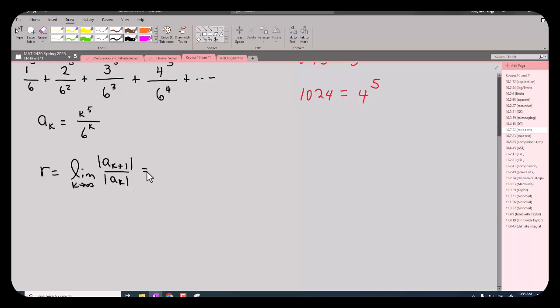Here it doesn't matter. Everything's positive. So we'll end up with the limit of k plus 1 to the 5th divided by 6 to the k plus 1. And then we're dividing by a sub k, so we flip a sub k.